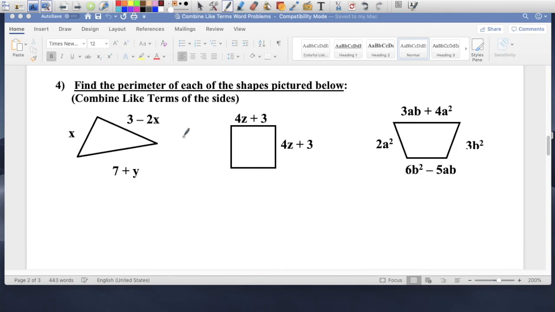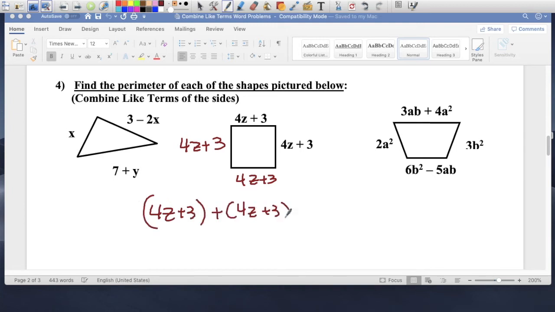It's a square, so for the square, this is 4z plus 3. This is 4z plus 3, right? They're all the same. So let's take a shortcut here. So the perimeter would be this plus this plus this plus this, right? We can write 4z plus 3 plus 4z plus 3 plus 4z plus 3 plus 4z plus 3.